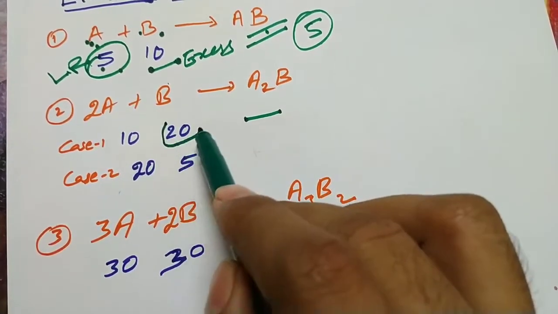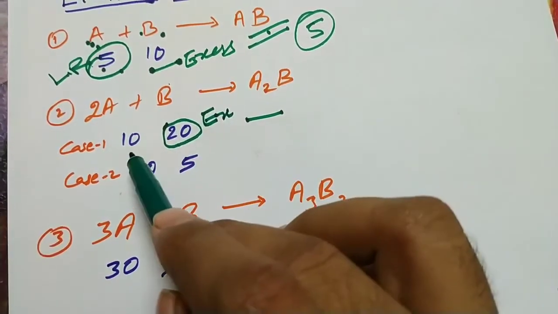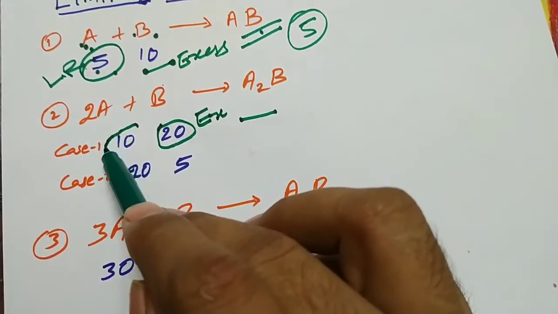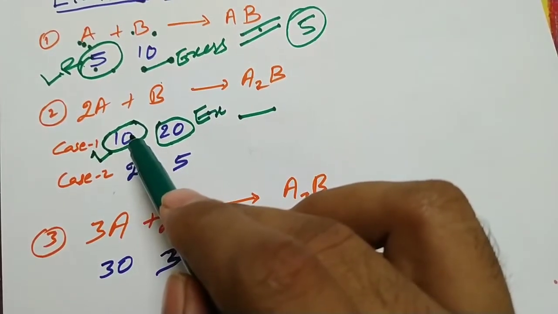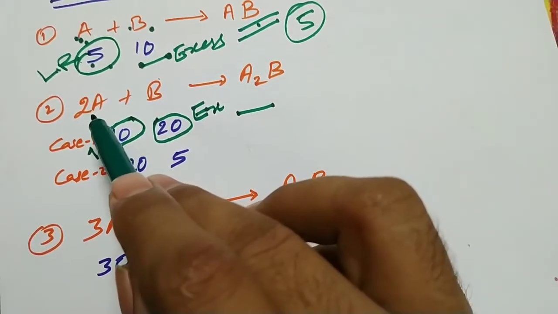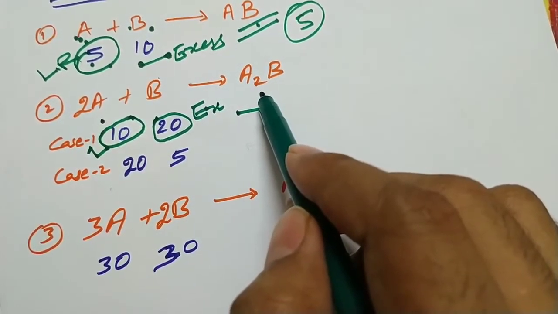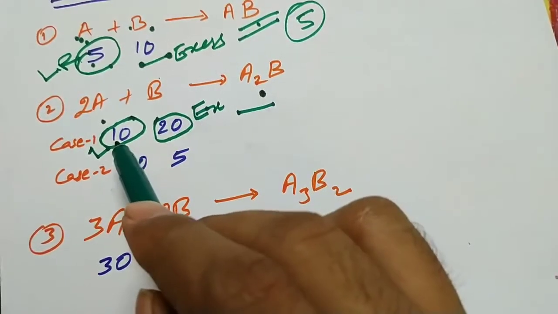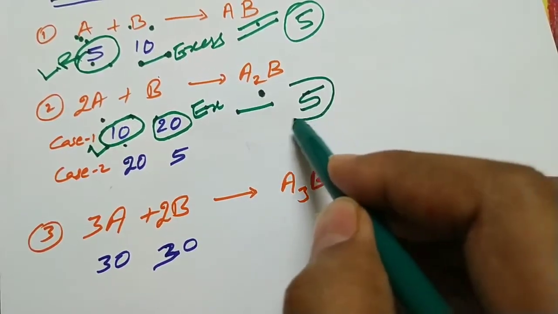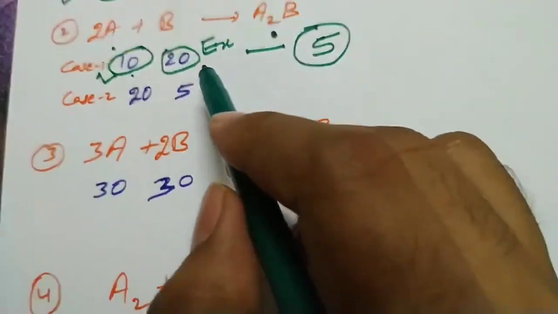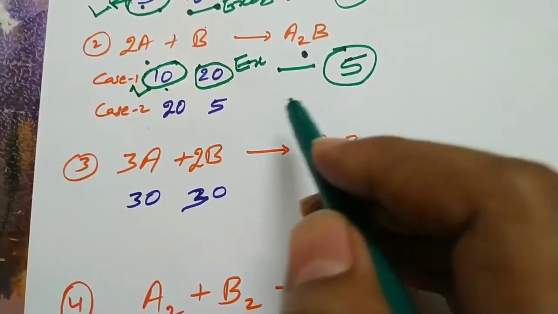That means B is in excess. A is limiting. So the product depends on the A. 2 moles of A form only 1 mole of A2B. That means half. So 10 moles of A means the product is only 5 moles.